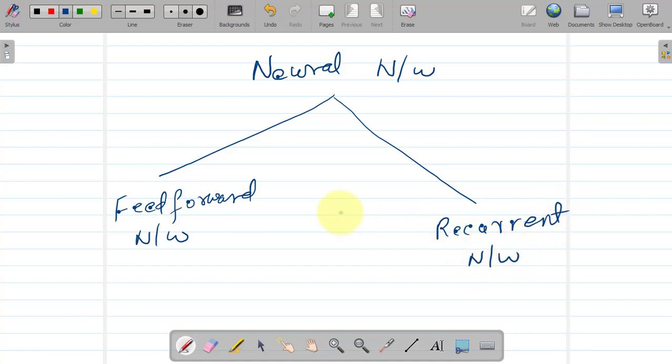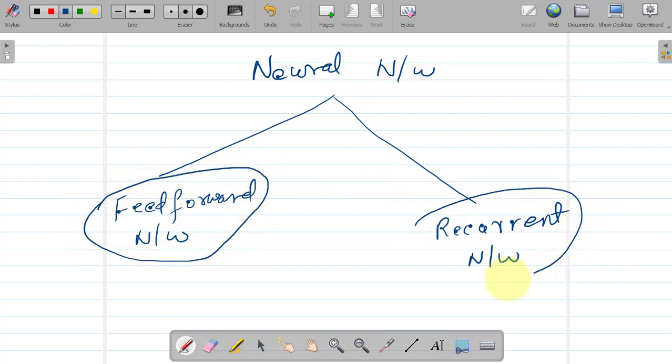So these are the two main categories of the neural network. That means all the neural networks either belong to the feed forward network or they belong to the recurrent network.